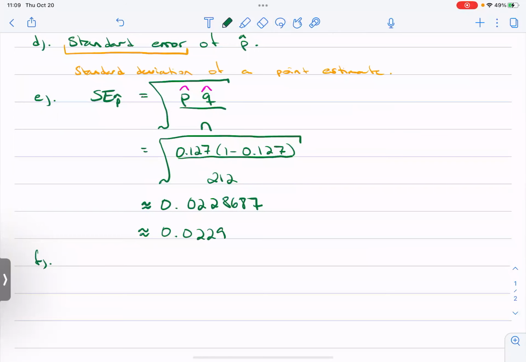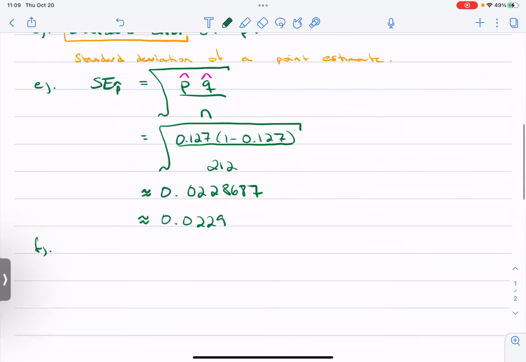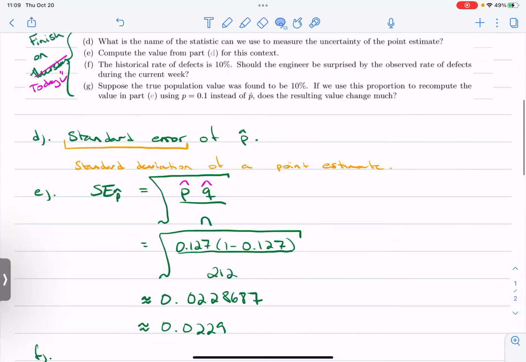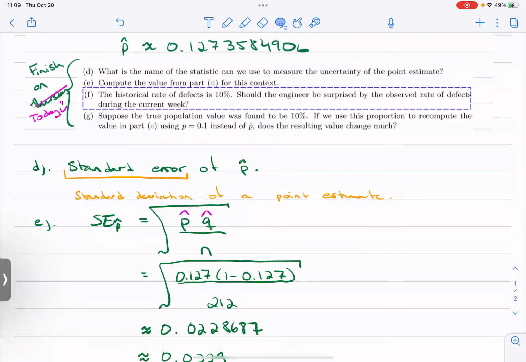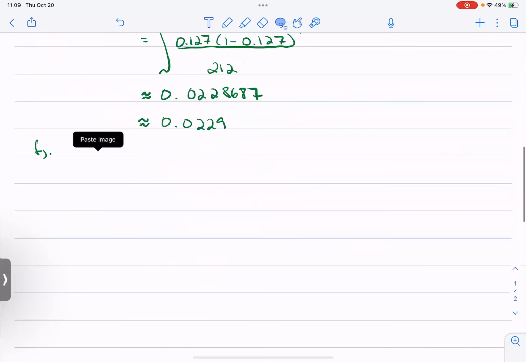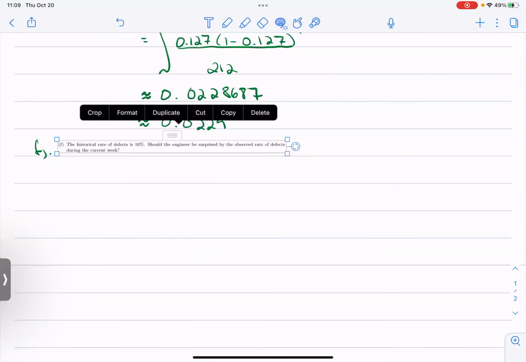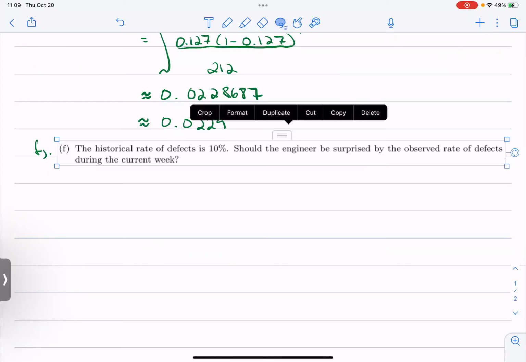So part F, let me just grab this here, because I do want to rewrite it in terms of how the two compare.